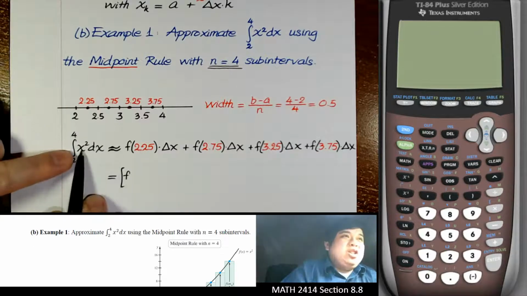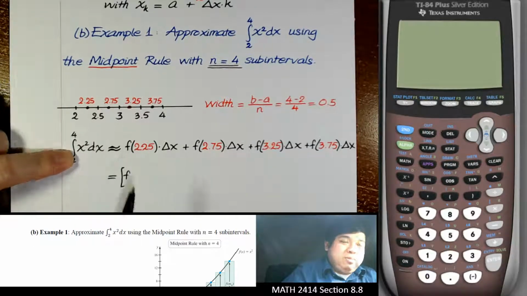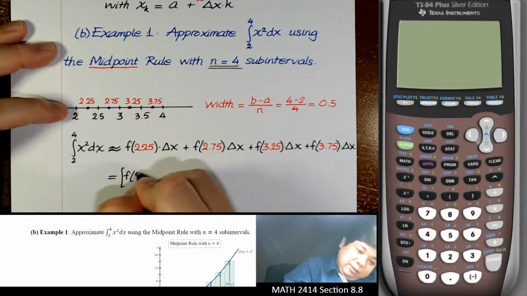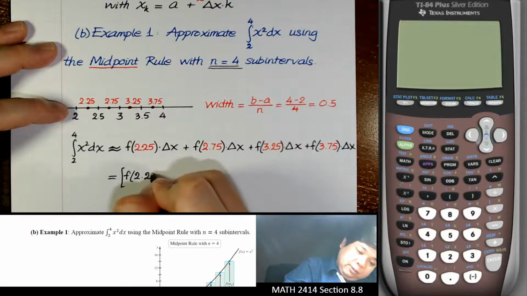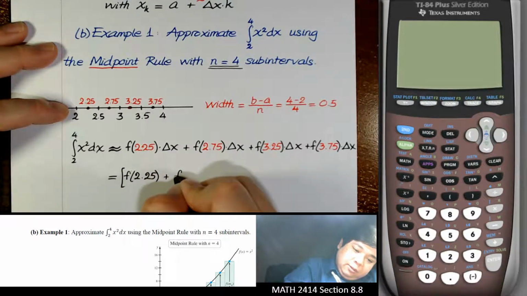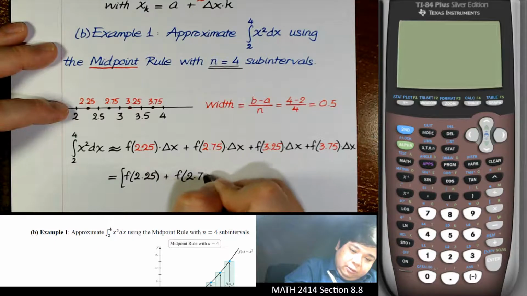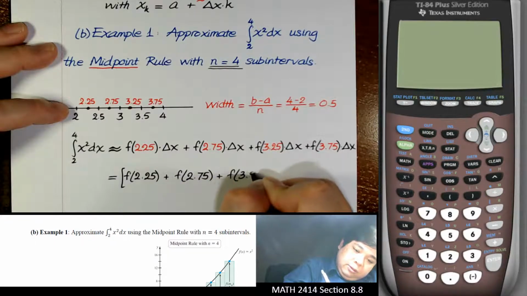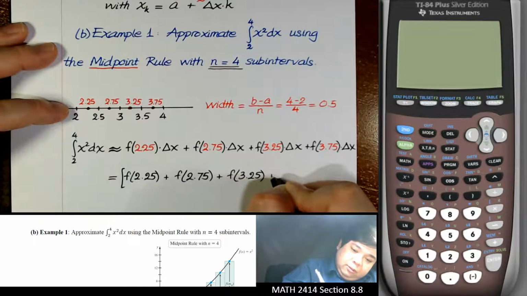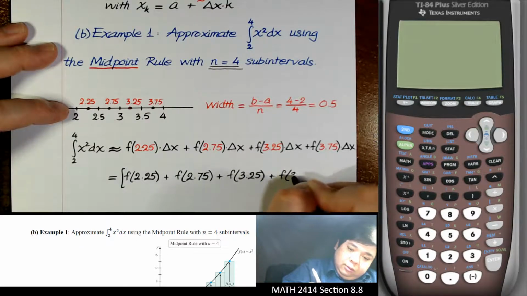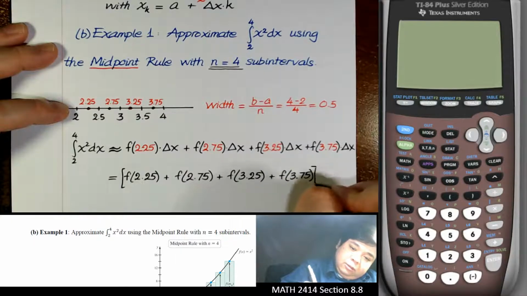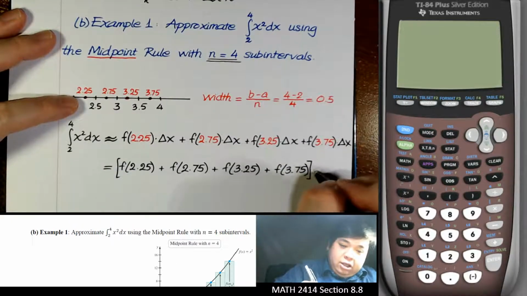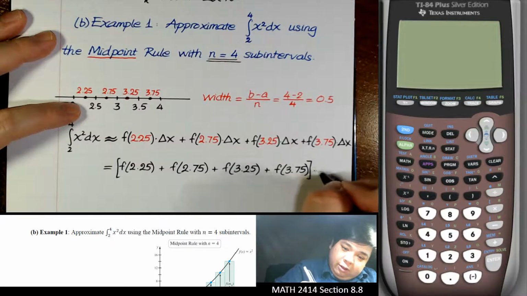The function is just x squared, but I'm going to write that out for a moment. And then delta x is 0.5.